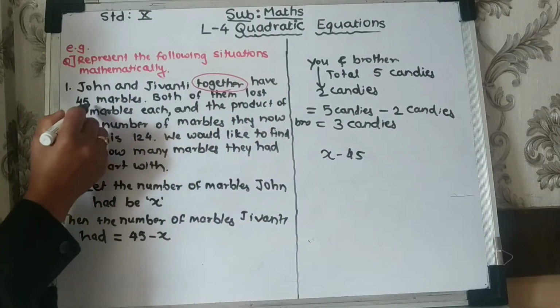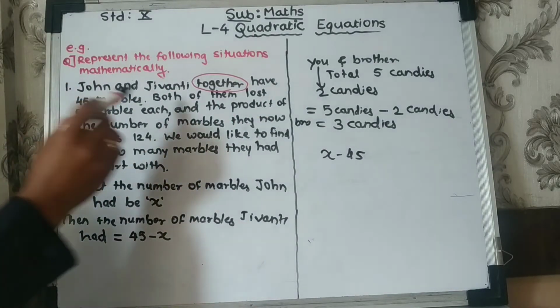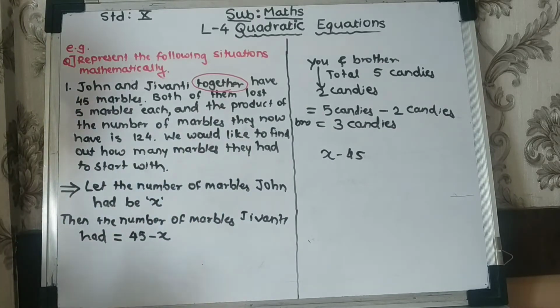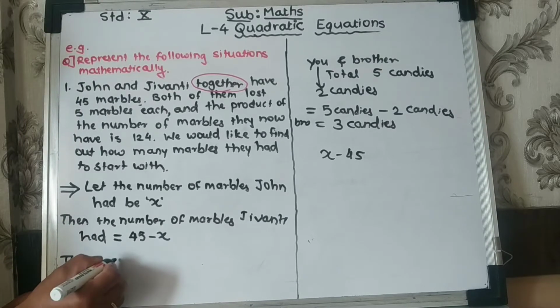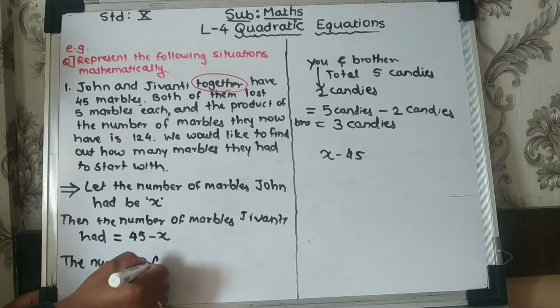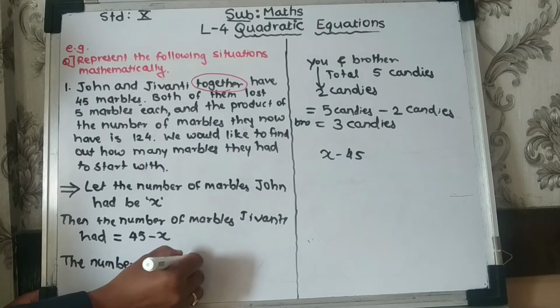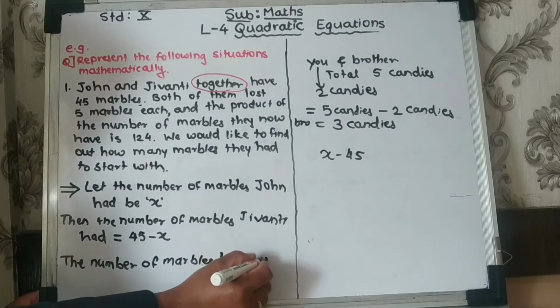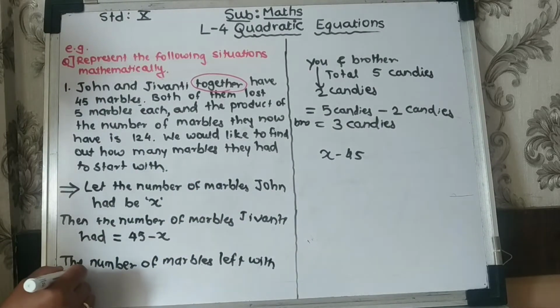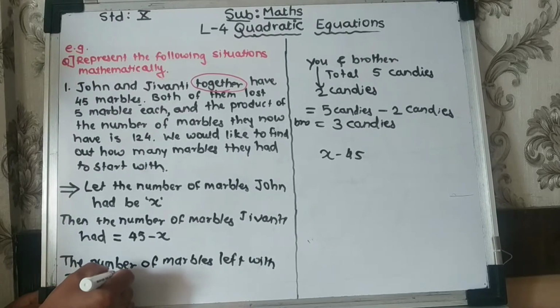After this, now both of them lost 5 marbles. So we will write the number of marbles left with John when he lost 5 marbles.